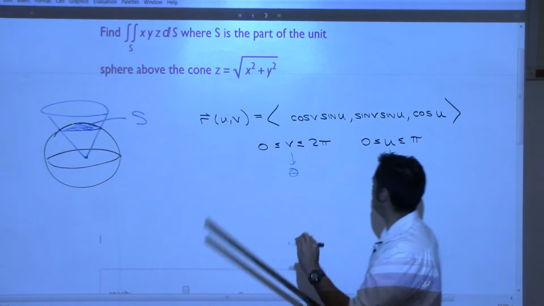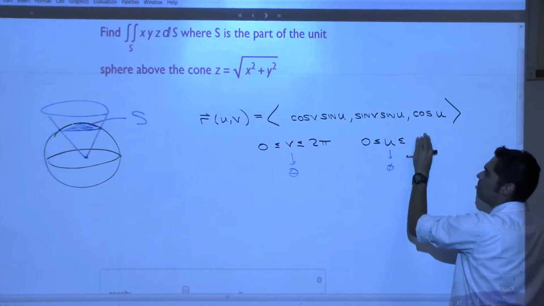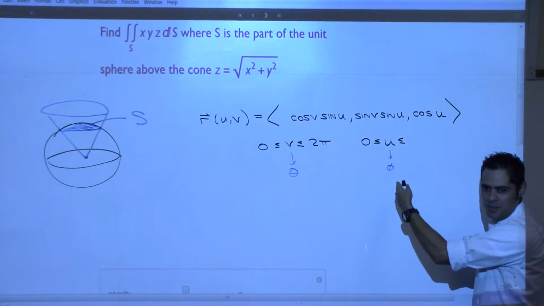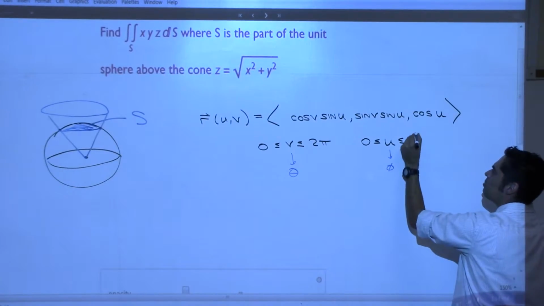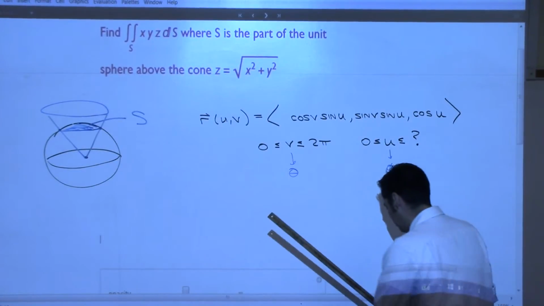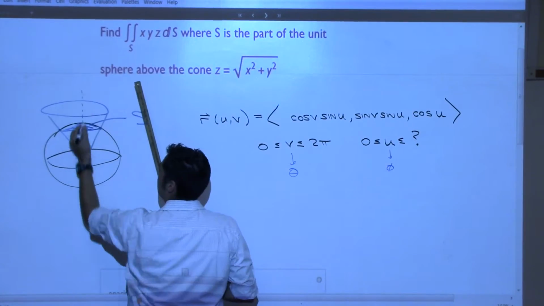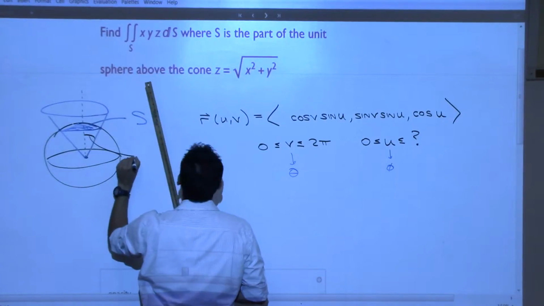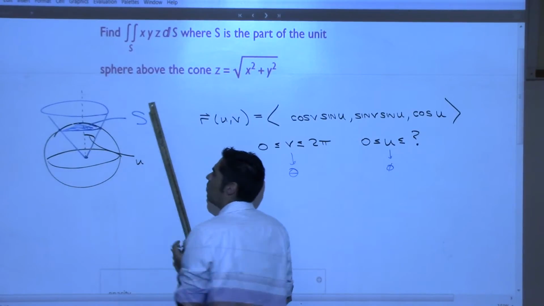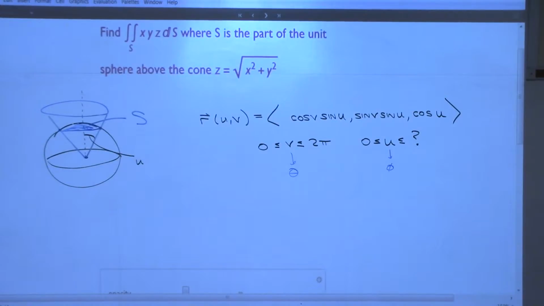So I still want this to be between 0 and 2 pi, but I want my phi to be between that and something. So I need to figure out what this angle is. The angle, if you look straight up here, the angle that goes right there, that's u, right? That's my top restriction on u. So how would you recommend we do that?